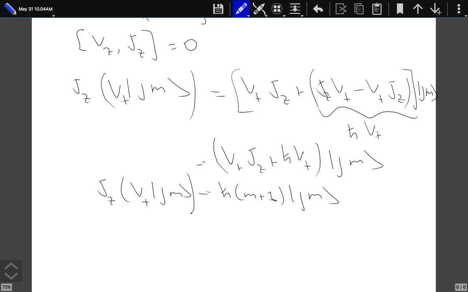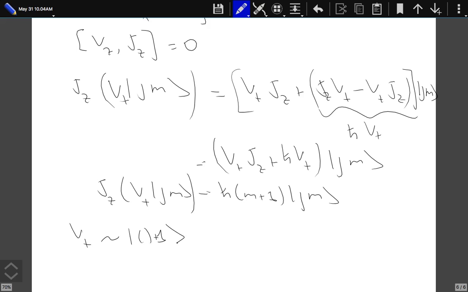In a way, V plus is like, I'm not saying exactly equal to, but it's similar to some state with the m component plus 1. I'm saying they are not equal. You see, if I take one ket with z component of angular momentum plus 1, and you consider, for example, two particles, one has z component of angular momentum plus 1, the other one has z component of angular momentum m.